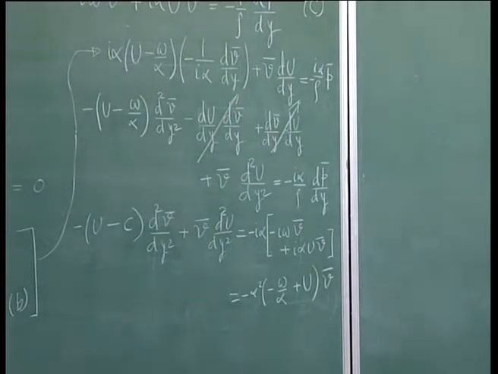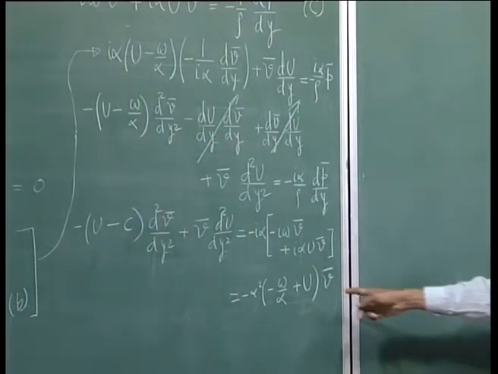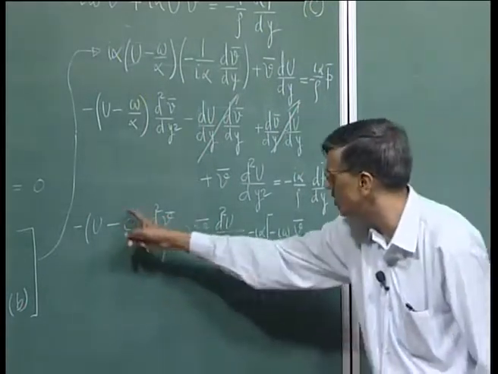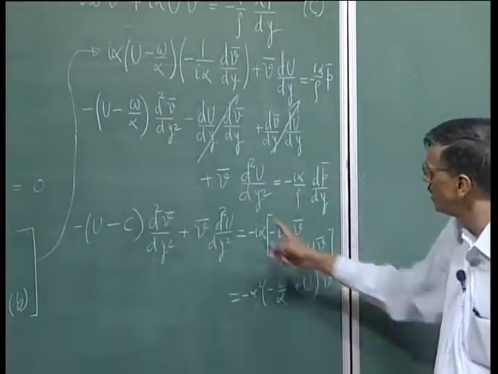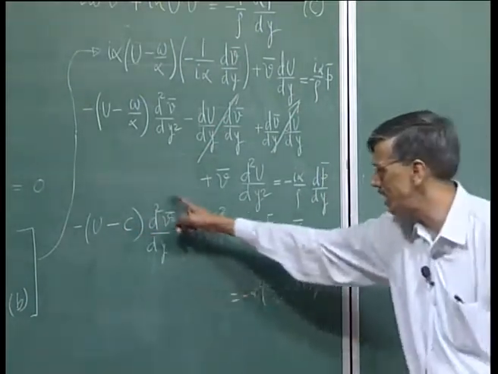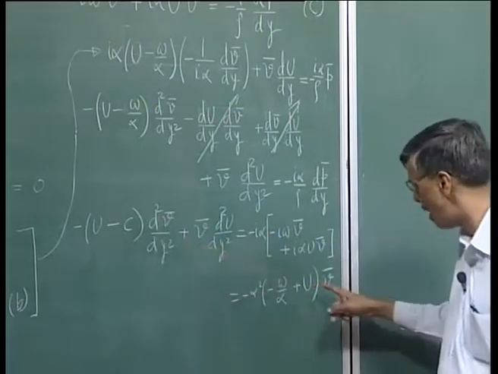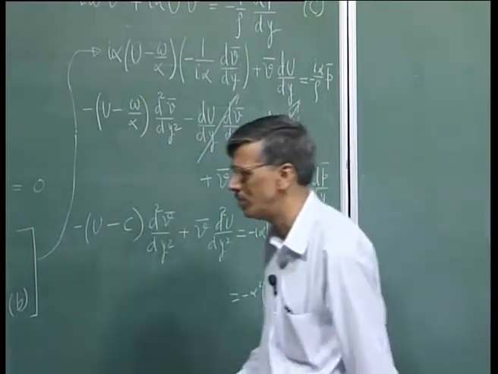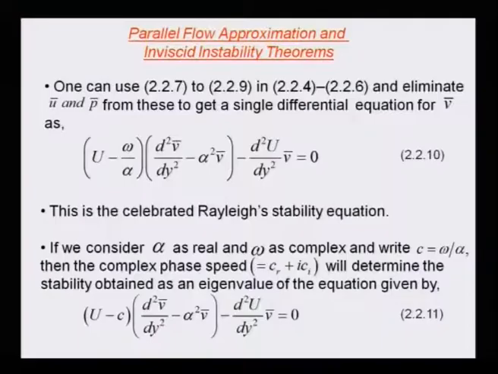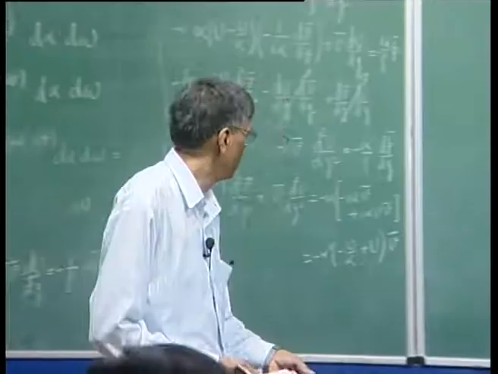All right? So that's what it is. So essentially we are getting u minus c. You can put this inside, and then you will find the quantity u minus c will be multiplied by the second derivative of v bar with respect to y minus alpha square v bar. That's what you are seeing here. So that's the derivation of the equation.